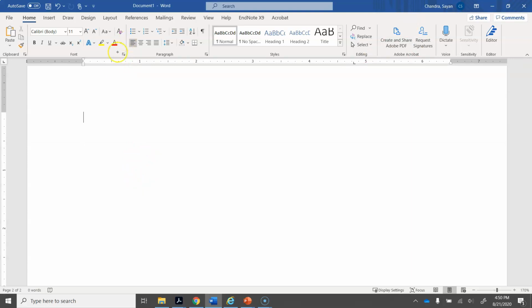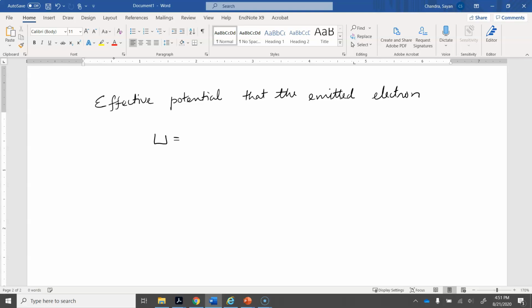So the effective potential that the emitted electron experiences can be written as a function of z. That's the term we saw in the previous equation, and this is the work function, right?